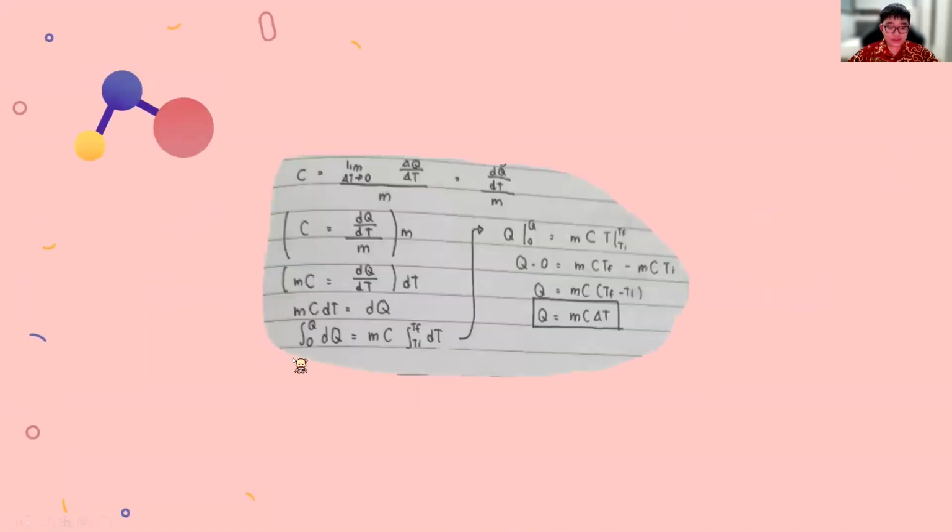And this is the derivation of C equals the limit as the change in temperature goes to 0 of the change in heat over the change in temperature over the mass, which becomes the heat equals mass times C times the change in temperature.